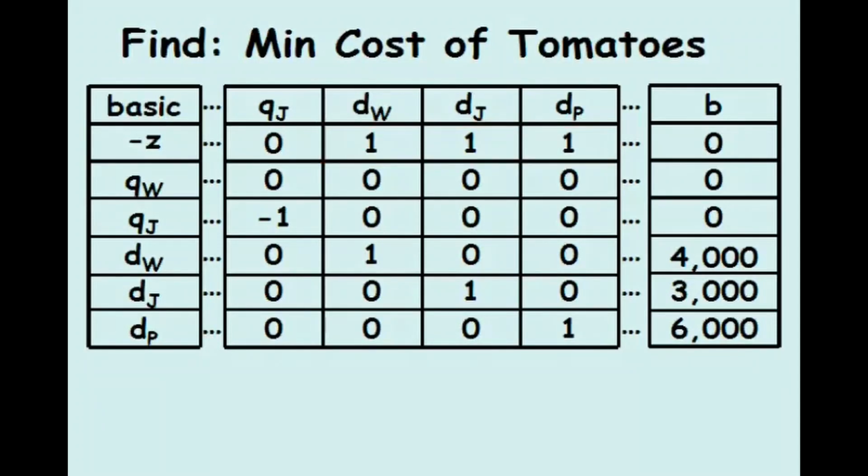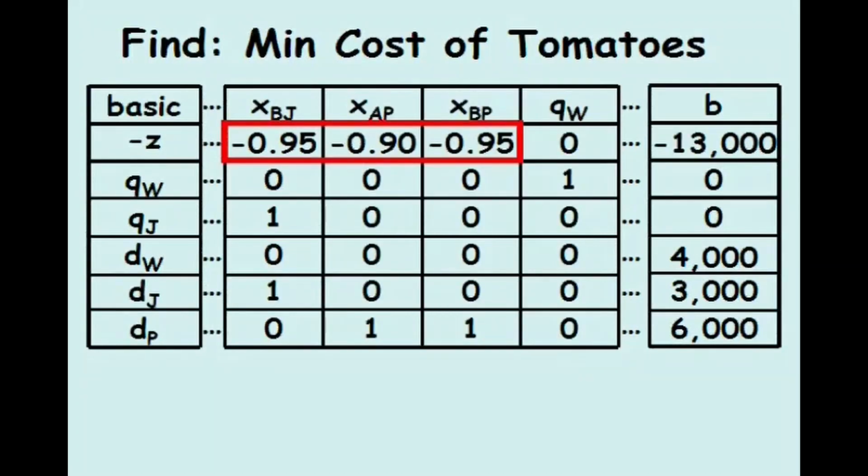To begin the simplex method, a pivot operation is performed on all 5 basic variables: QW, QJ, DW, DJ, and DP. After the pivot operation, the reduced cost coefficients for all non-basic variables are negative.